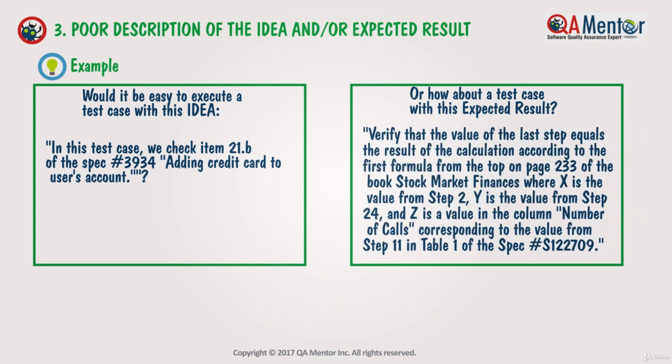Verify that the value of the last step equals the result of the calculation according to the first formula from the top on page 233 of the book Stock Market Finances, where X is the value from step 2, Y is the value from step 24, and Z is a value in the column number of calls corresponding to the value from step 11 in table 1 of the spec S122709. We doubt that you would be happy to execute a test case like that.